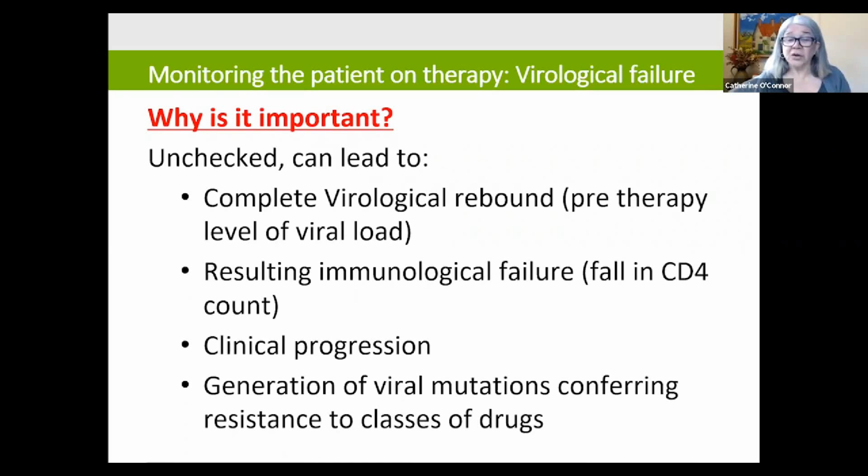But also, if people are taking medication and they're failing, then they will be generating viral mutations conferring resistance to classes of drugs. And the issue with this is that within the HIV medicine context, once you've got a resistance, you're stuck with it forever. So it can cause lots of problems in the future, trying to look for treatment options.